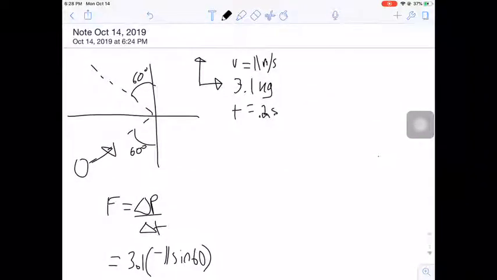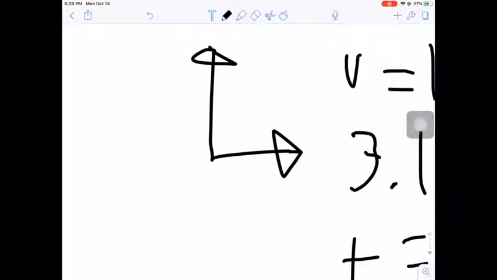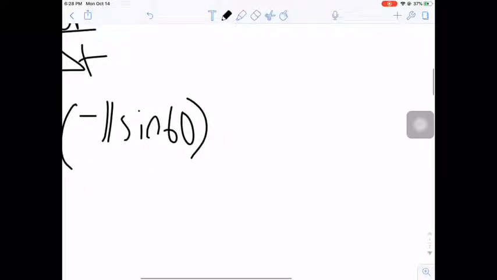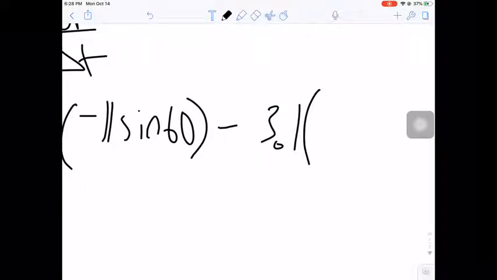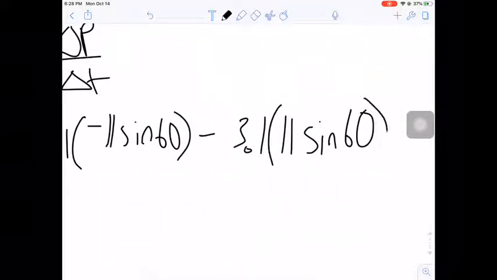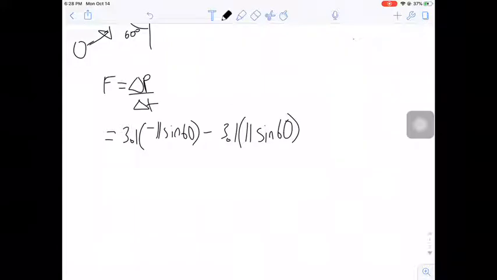The final will be going in a negative direction because we called the right positive and it will be going to the left. So that is why it will be negative, minus 3.1 minus the initial, which is 11 sine of 60, positive because it's going to the right initially. And then all of that will be over 0.2 seconds.